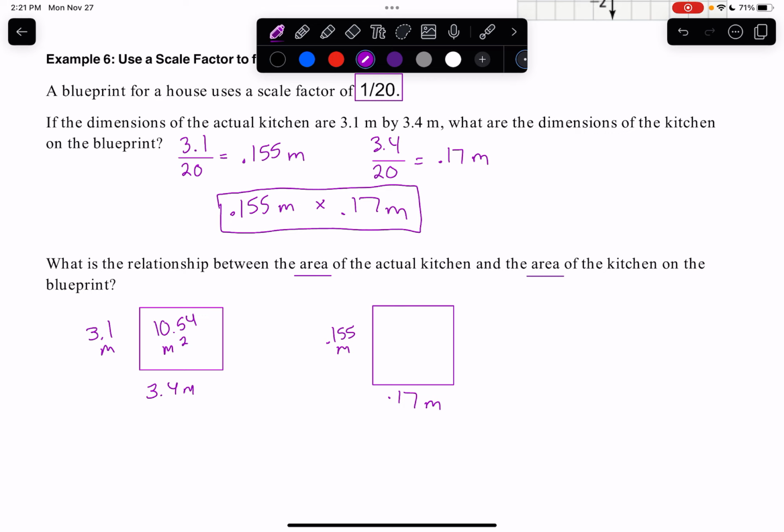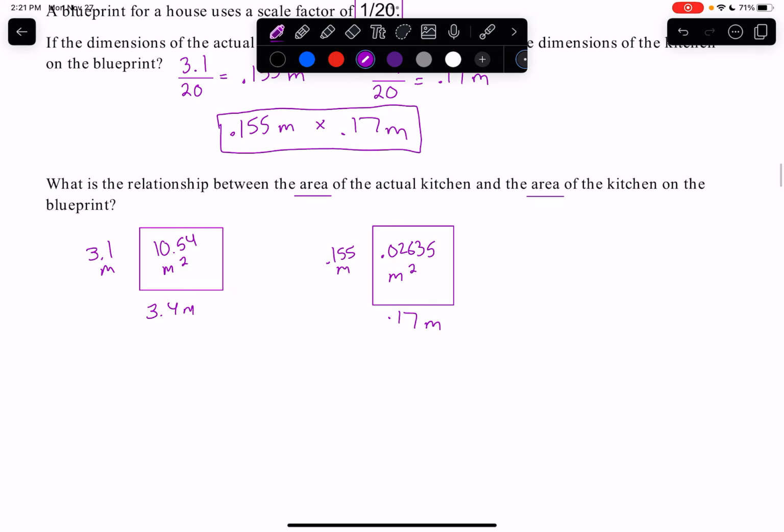Square meters for area. The area of my blueprint kitchen, when I multiply those together, is 0.02635 meters squared.